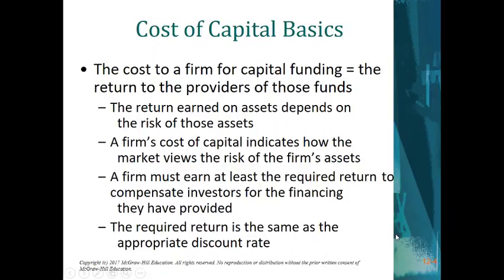So a firm's cost of capital indicates how the market views the risk of the firm's assets. The riskier the firm's assets, the higher the required rate of return or cost of capital. A firm must earn at least the required return to compensate investors for the financing that they have provided.